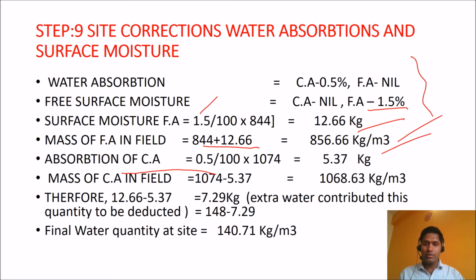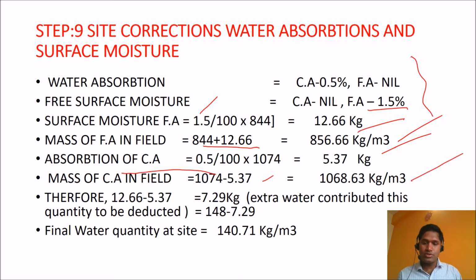That much water the coarse aggregate needs to become SSD. There are 1074 kg of dry aggregate in your stock, but it needs 5 kg of water to become SSD condition.